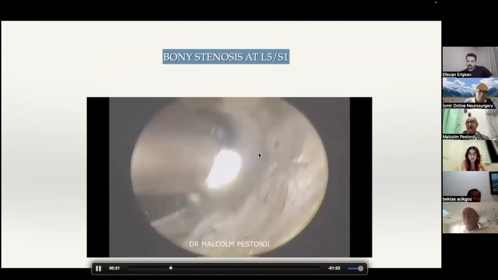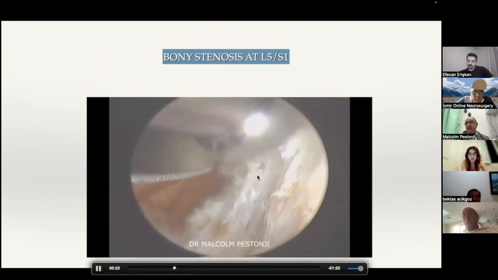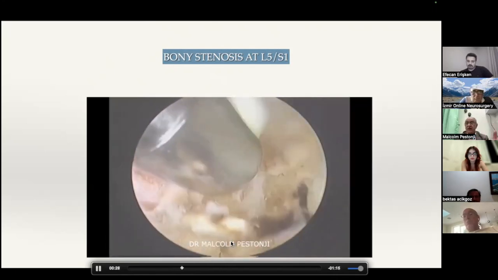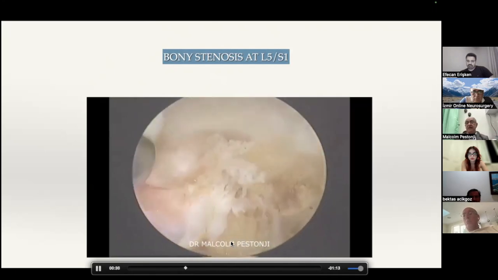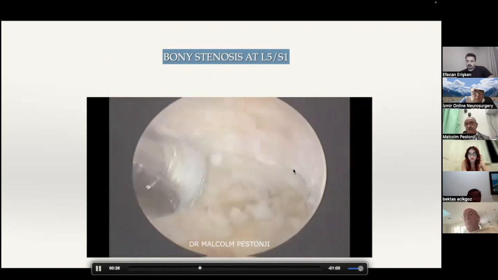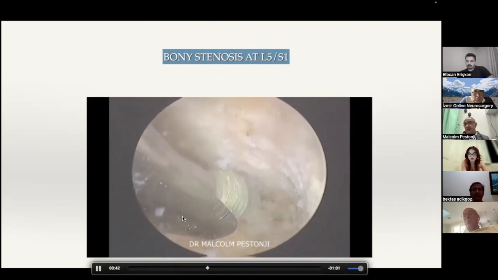I land on the sacral ala and I'm burring away the sacral ala to free the corporotransverse and iliolumbar ligament. Then climbing up on the S1 pedicle, cutting the pedicle and the SAP from underneath, and then freeing the entire L5 nerve root.